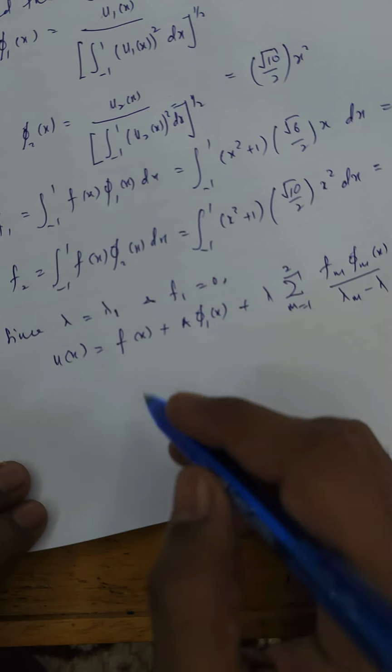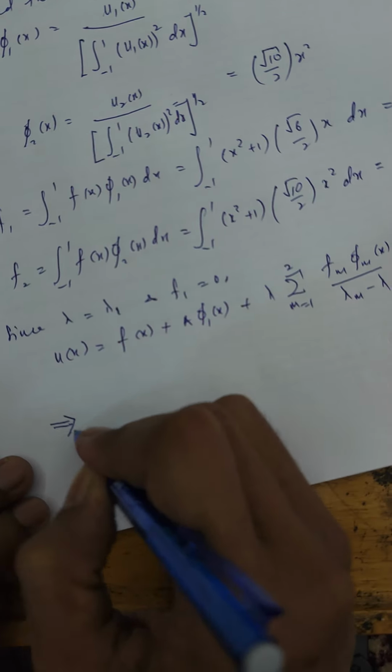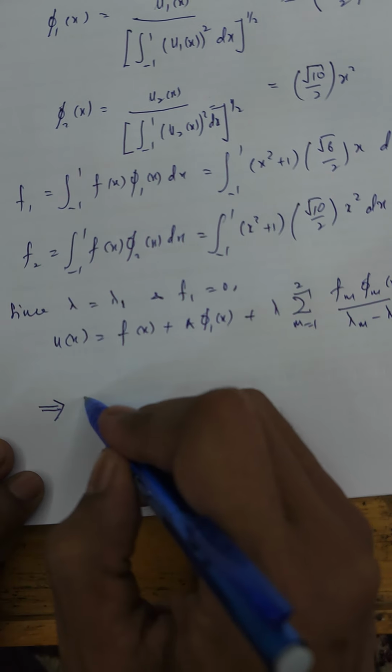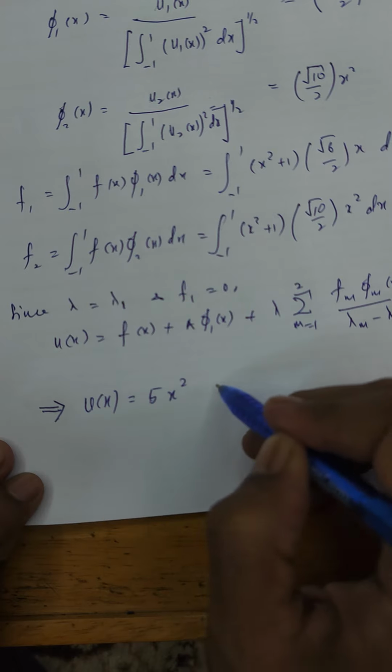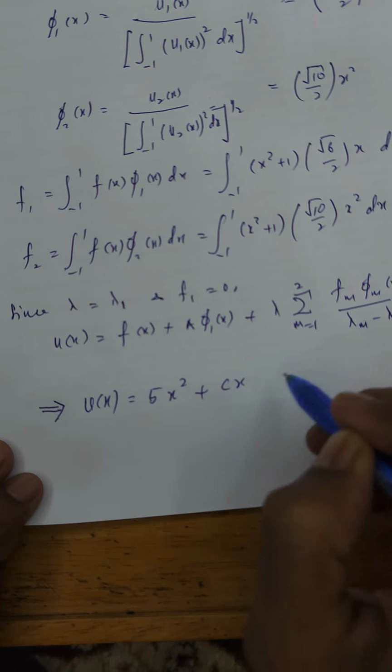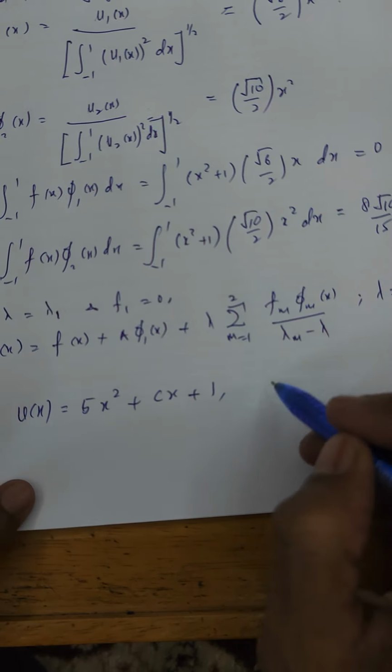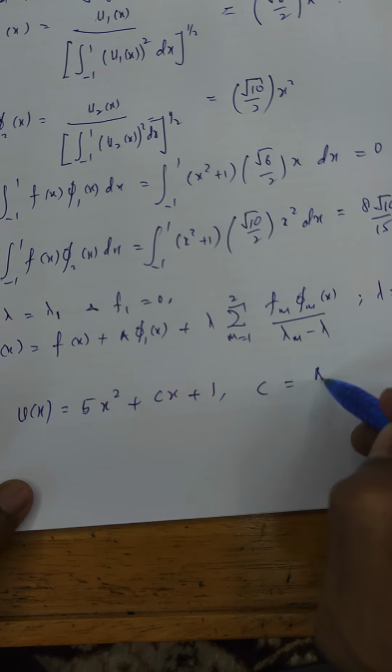So if you do this, what we have is u(x) equal to 5x squared plus cx plus 1, where your c is given as a square root of 6 over 2.